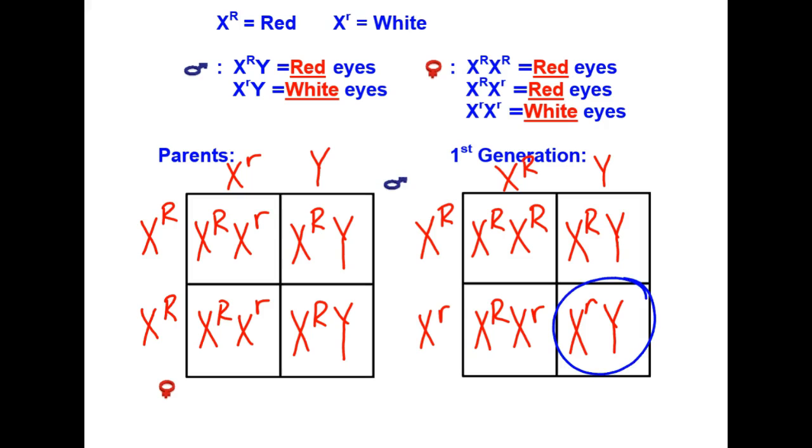In this second generation of offspring, we have a 25% chance of getting a male fruit fly with white eyes. Notice we didn't end up with any females ever that had white eyes in this cross. Okay? So let's talk about that next.